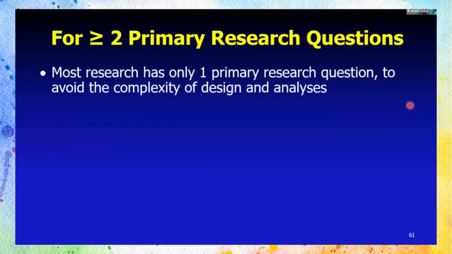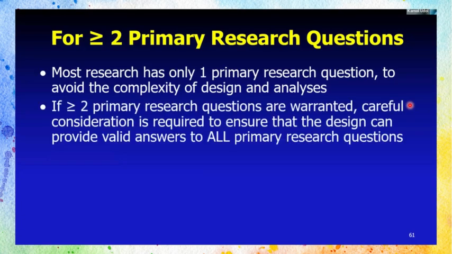But if you have more than one question that are equally important to you, and you would like to know the answer for all of them, you have more than one primary research question. You need to design your study to ensure that it can provide valid answers to all of your primary research questions. And your research will be more complicated than having just one primary research question.